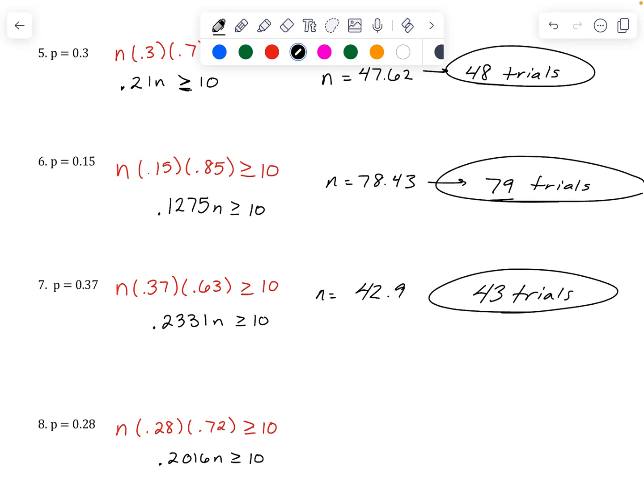And our last one, 10 divided by 0.2016, is 49.6. So we have to have 50 trials. And it has to be rounded up because it's greater than or equal to 10. So you'd have to round up to make sure that product is greater than 10.